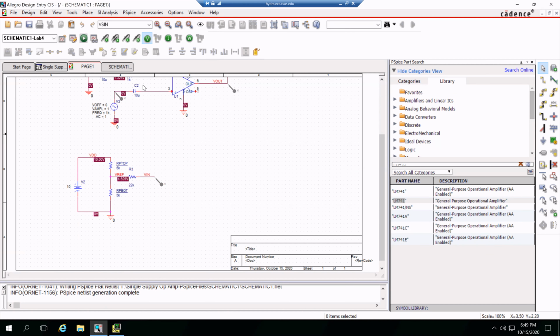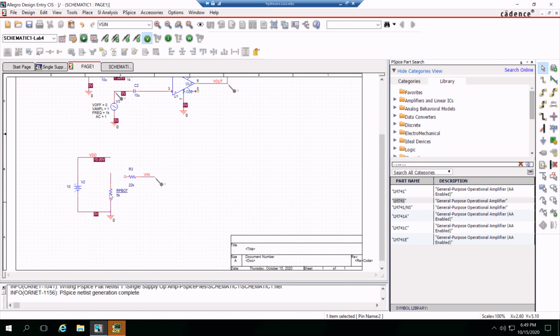I'll save that. Okay. Huh. I wonder if it's the way I name these resistors. Hold on.